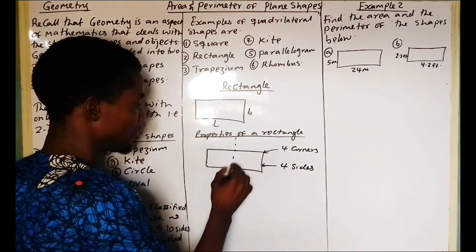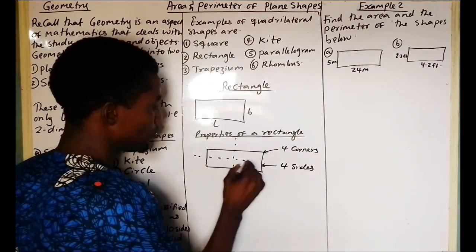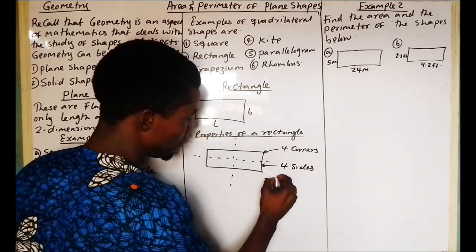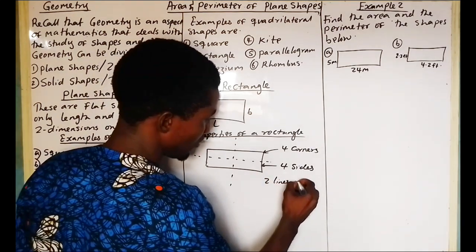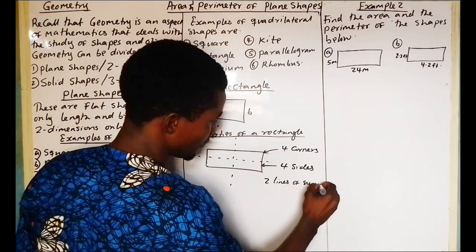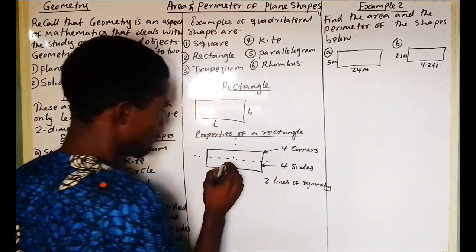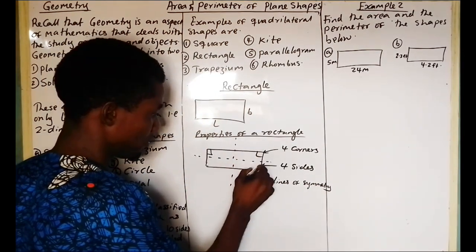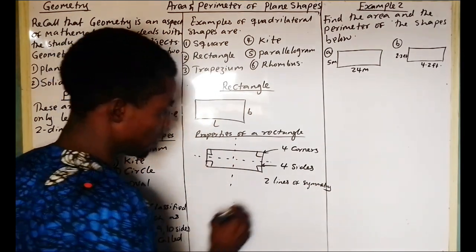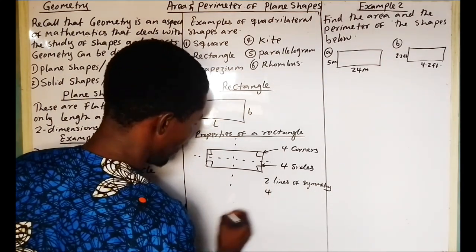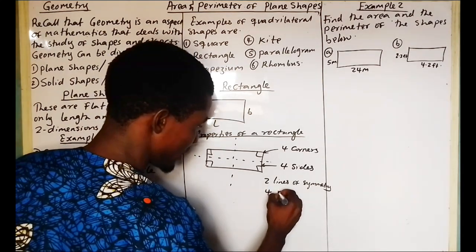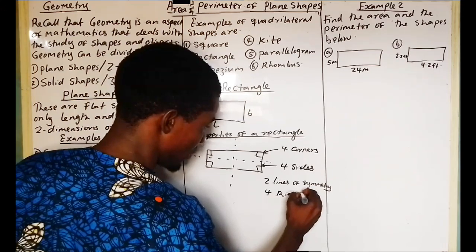It has only two lines of symmetry. It also has four right angles.